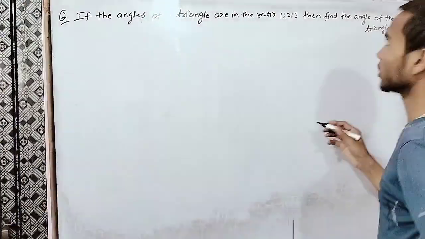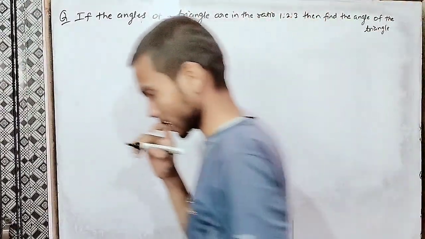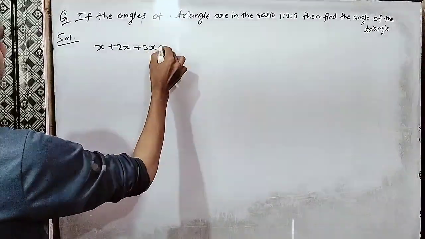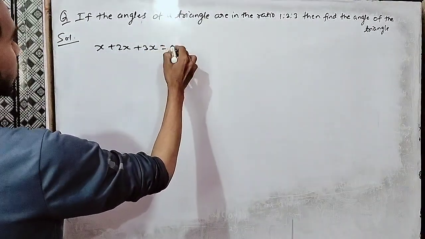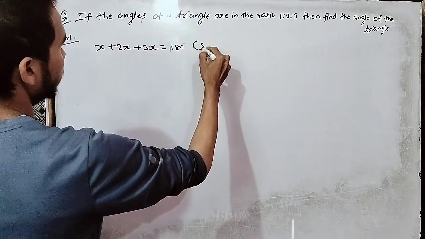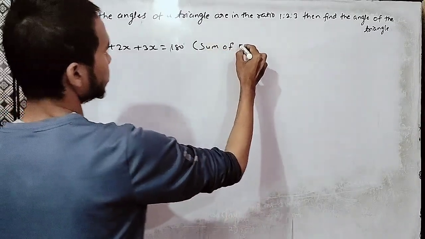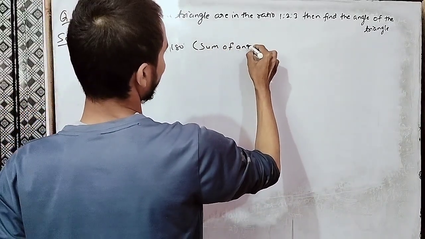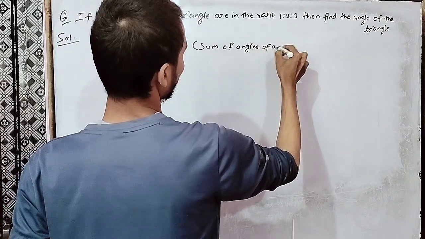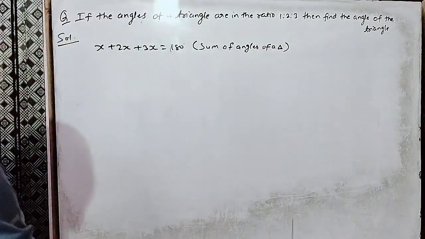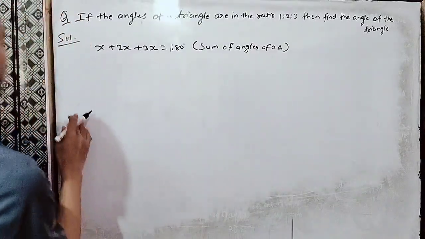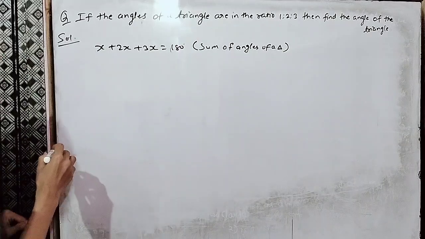Of the triangle, we can easily say that x, 2x, and 3x is 180 degrees because of the sum of angles of a triangle, which is 180 degrees.